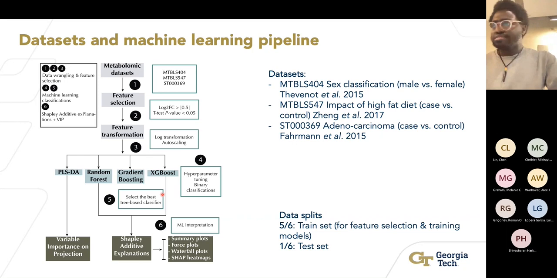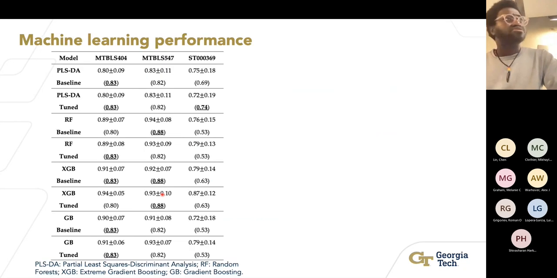So using this pipeline, this is the result of our machine learning. We're seeing the metabolomics data sets, or the studies, that I used, and the machine learning models, either baseline or tuned. But I'm going to be explaining just one of these, this particular one.